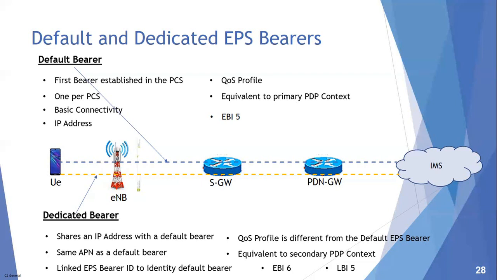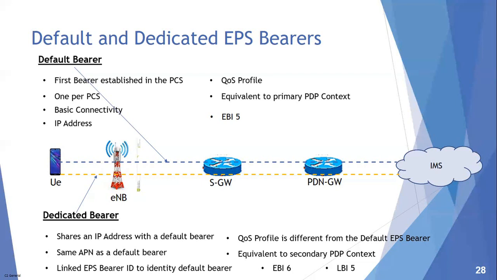And any default bearer has a specific quality profile, which decides how the packets sent on this default bearer are handled: their delay, for example, and the percentage of packet loss, how much is it? The priority of sending these packets as well.